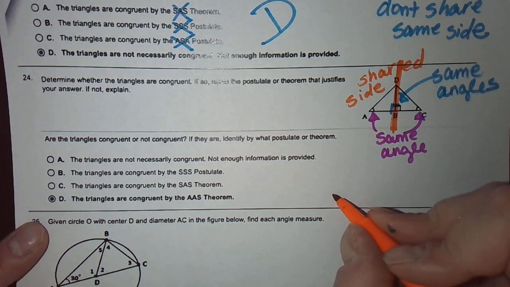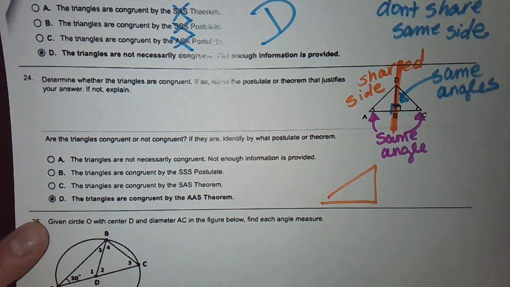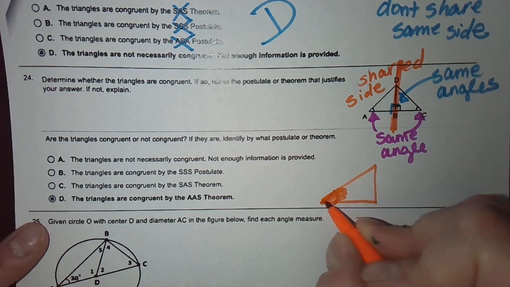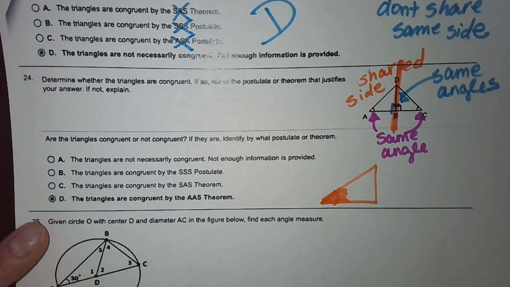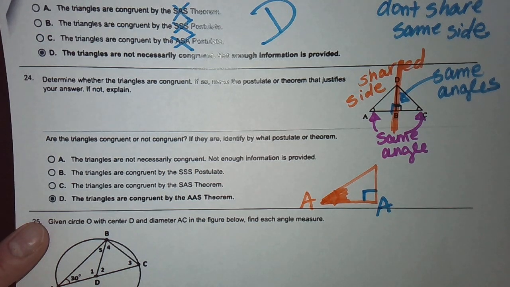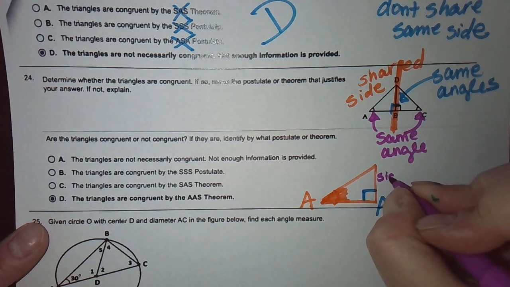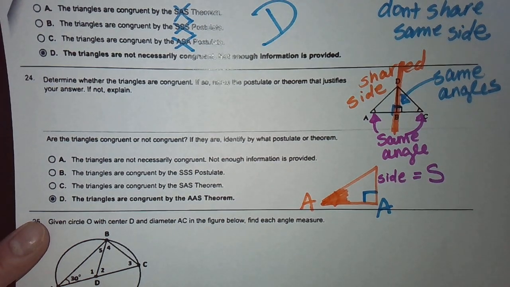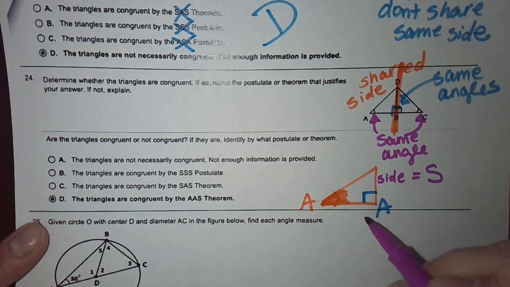If I were to pull out one of these triangles, they gave us that angle on the bottom left. They gave us the right angle. So that's angle and angle. And then the side that they gave us that's shared, that's S. So let's see here. We need something that says AAS or SAA.